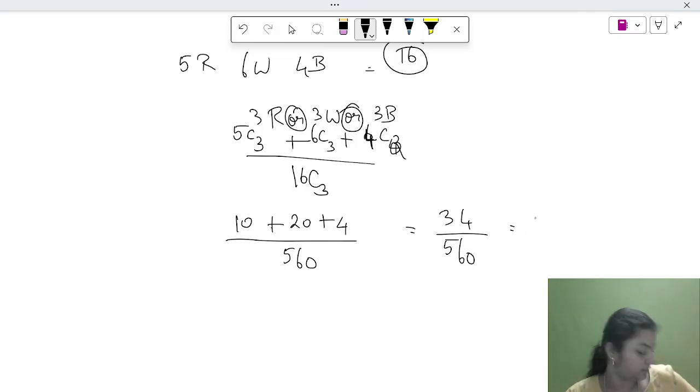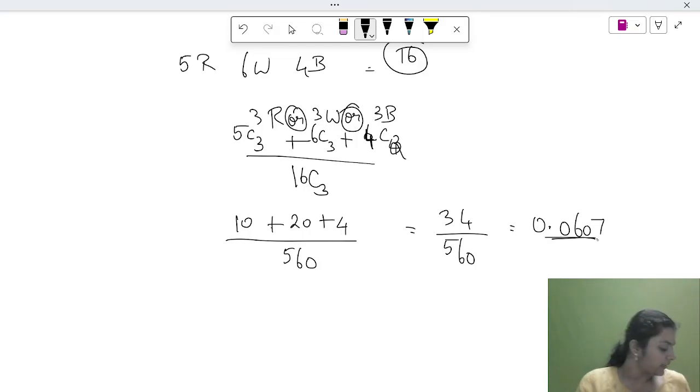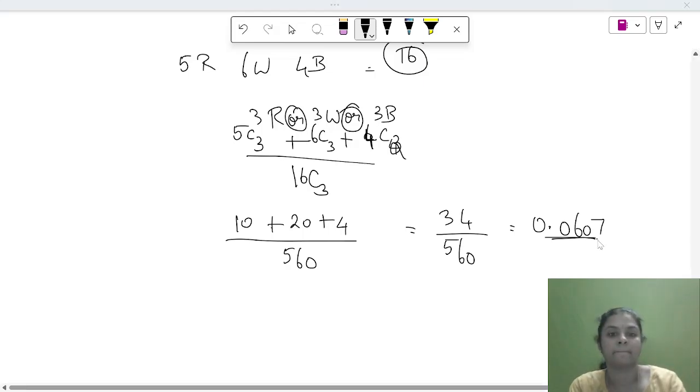That is 0.0607. Or if the answer is in fraction, you can use it accordingly. Is the working clear? Yes, ma'am.